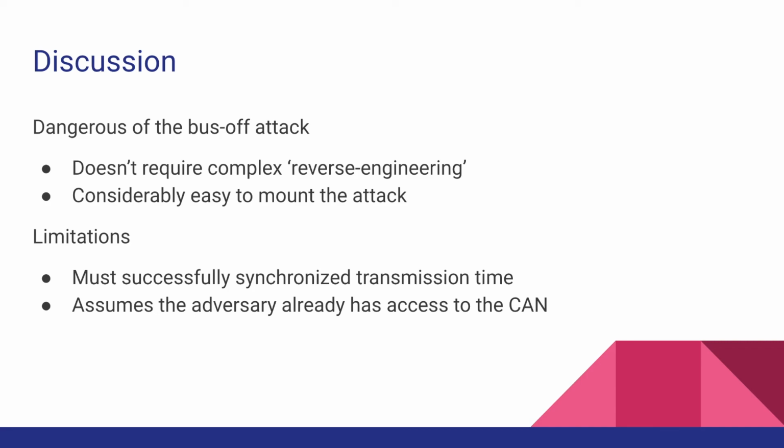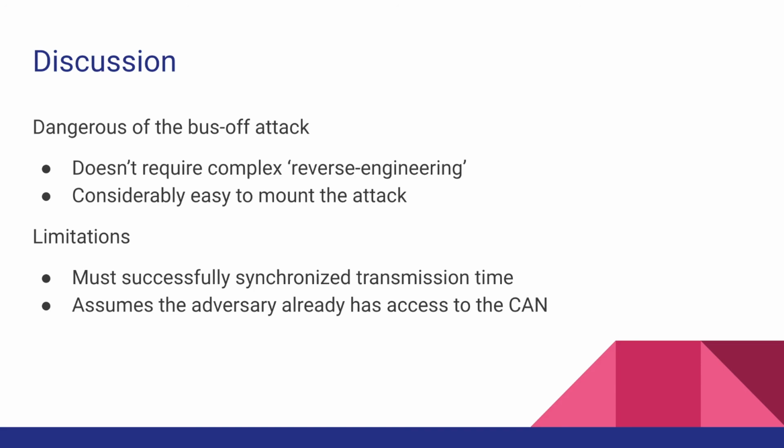So just as a discussion, high level, the danger of the bus off attack is definitely that it doesn't require anything complex, especially something such as reverse engineering. Much like other attacks that are much more involved, it is considerably easier to mount the attack and actually have it done. And all it takes is one correctly timed attack from the adversary, and the victim basically automatically enters phase 2, since the CAN bus has a retry feature built in.